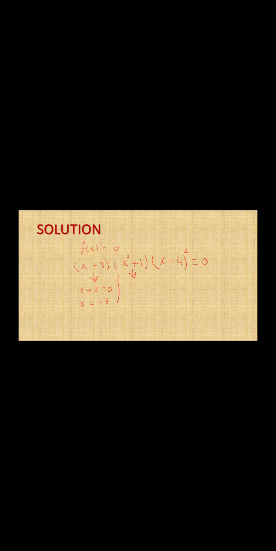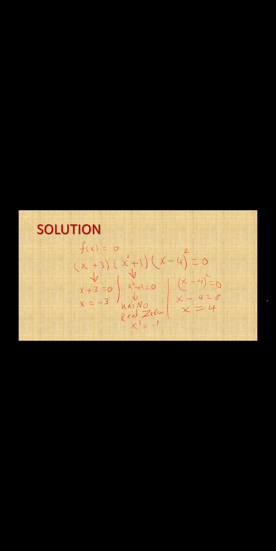From x squared plus 1 equals 0, there are no real zeros, because x squared equals negative 1, and you can't find a square root of negative 1. This is imaginary, not real. And x minus 4 all squared is 0, so by finding the square root, x minus 4 equals 0, so x is equal to 4.